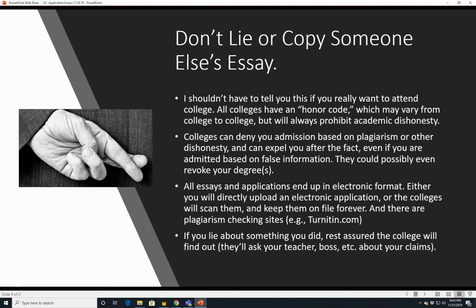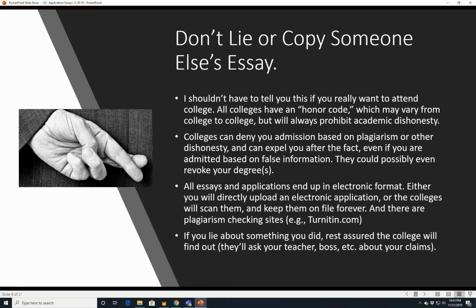Don't lie or copy someone else's essay. Again, you've already seen this if you watched my Common App video, but I shouldn't have to tell you this if you really want to attend college. Every single college has an honor code. The honor code is almost always going to be identical. It's certainly going to be exactly identical to every other college's honor code in terms of it will forbid dishonesty.